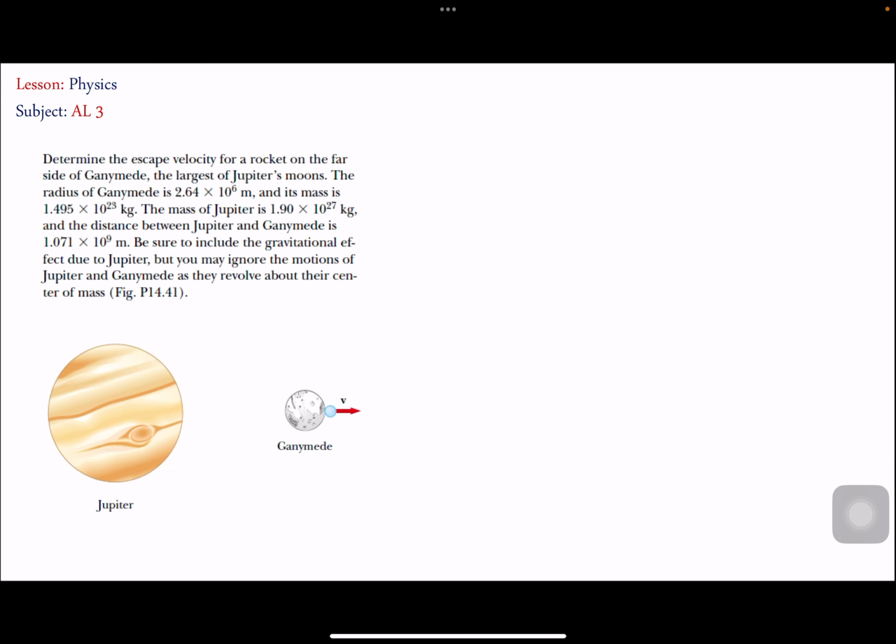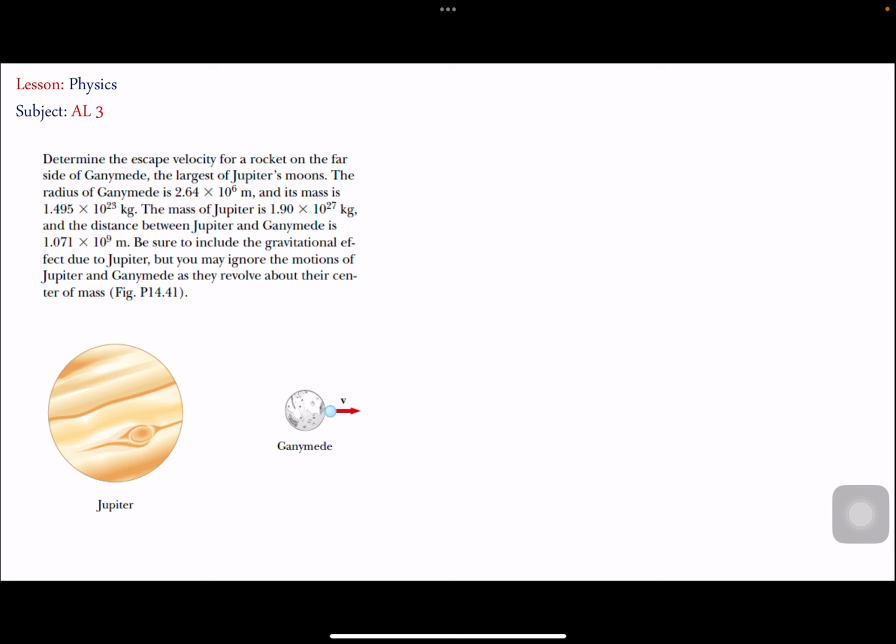The second thing, I will give it to you to solve on your own also. We have determined the escape velocity for a rocket on the far side of Ganymede, the largest of Jupiter's moons. The radius of Ganymede is 2.64 times 10 to the power 6, and its mass is 1.495 times 10 to the power 23.